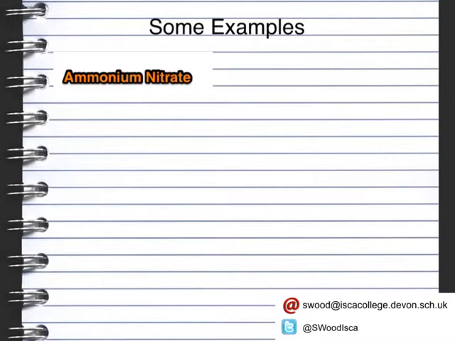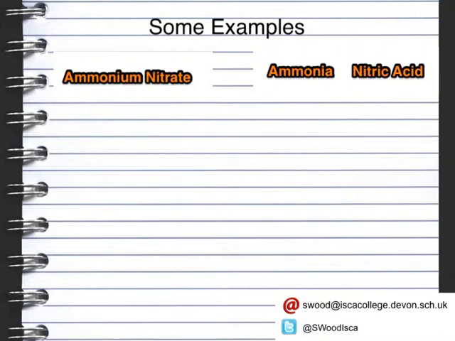To make ammonium nitrate, you add together ammonia with nitric acid. With this we get a chemical reaction, so we can show it this way: ammonia plus nitric acid makes ammonium nitrate.